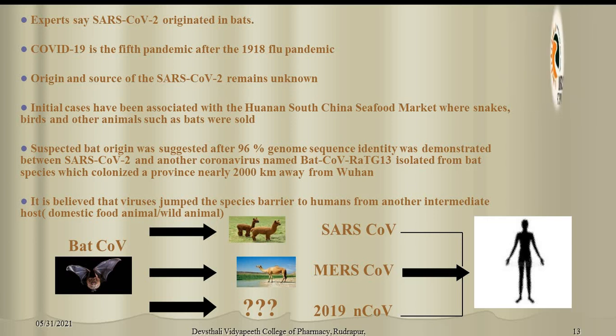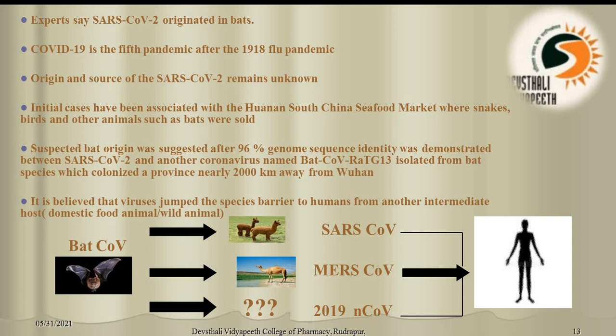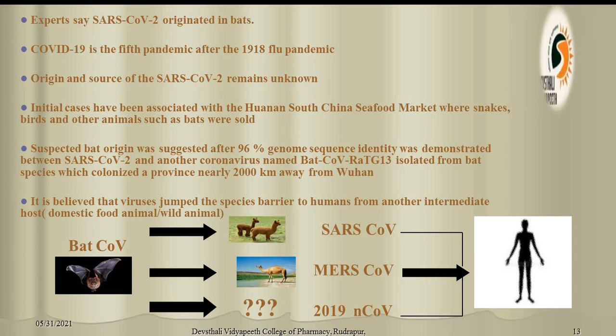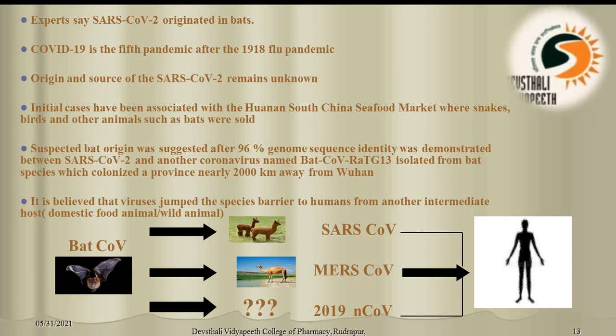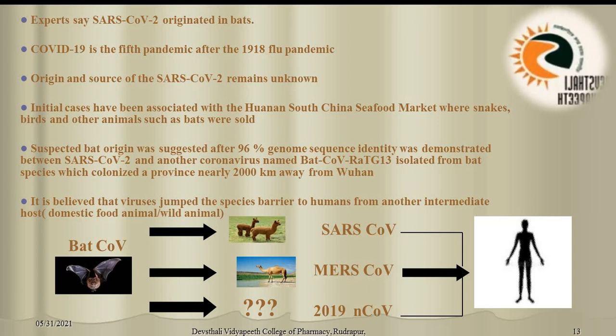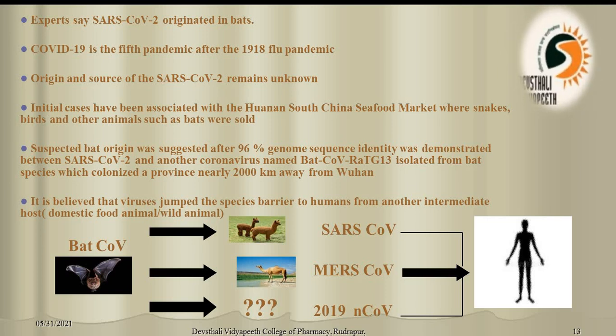Bat origin has been suspected because there are suggestions that 96% of the genome sequence was identical between SARS-CoV-2 and another coronavirus isolated from bat, named bat-CoV RaTG13.